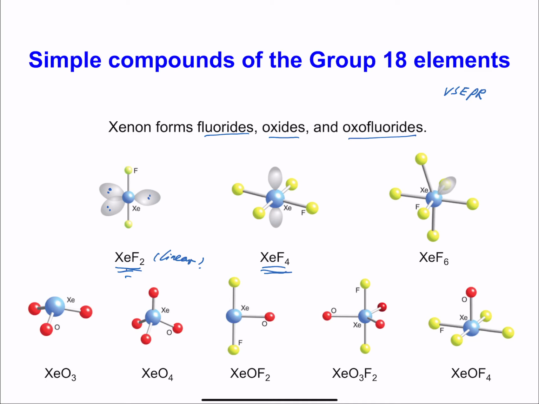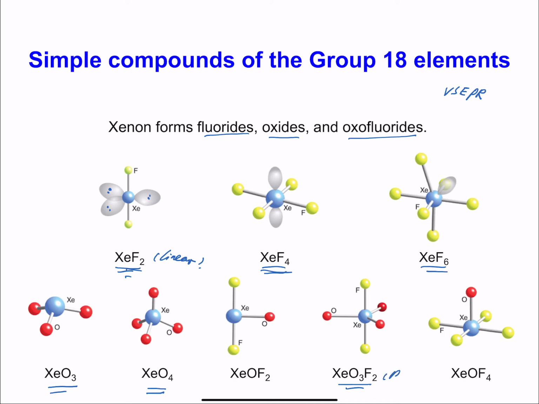Same thing: you need to use this principle. If I give the formula, you should be able to draw the structure, including bonds and lone pairs, like a Lewis structure, and also tell the geometry of this compound.